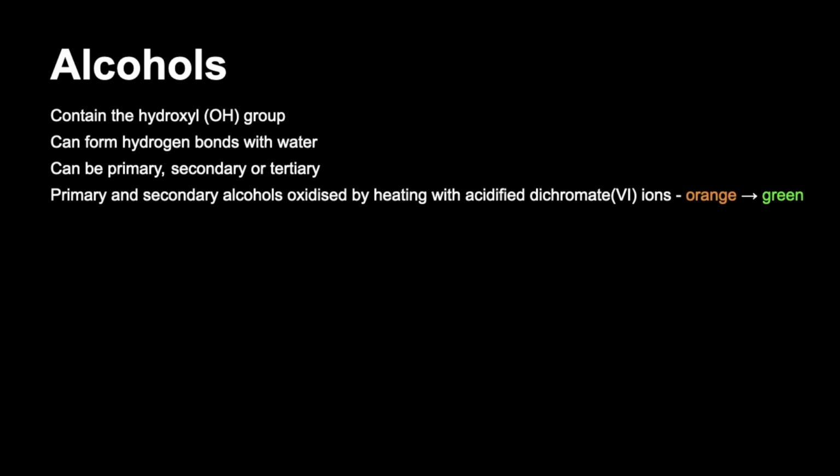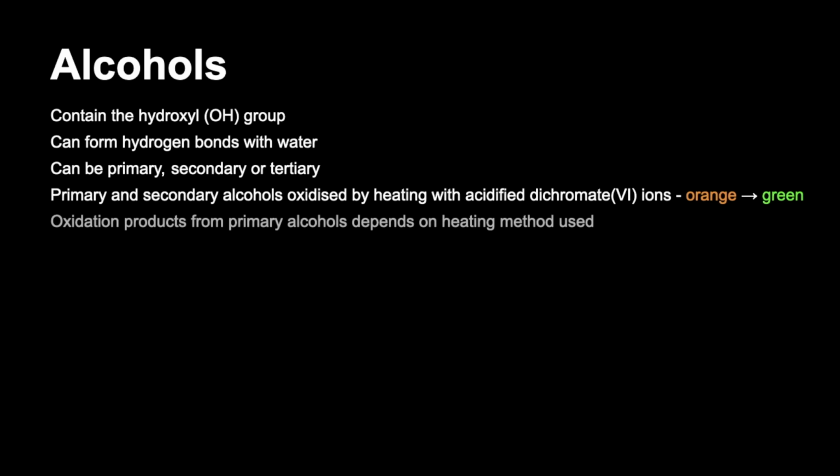Primary and secondary alcohols can be oxidized by heating with acidified dichromate(VI) ions. Don't forget the acidified, and the colour change for that reaction is orange to green. The oxidation products from the primary alcohol's oxidation depend on the heating method used. If you heat by distillation, basically you're taking the aldehyde product away from the oxidizing agent and you end up with just the aldehyde.